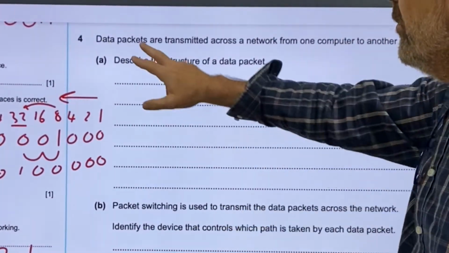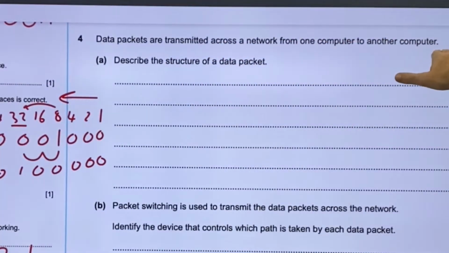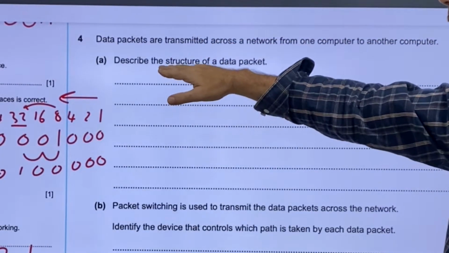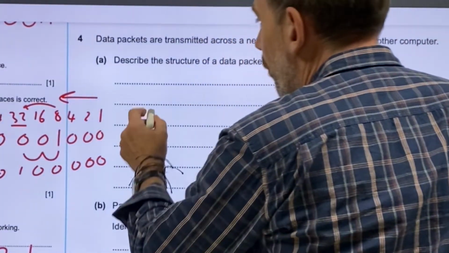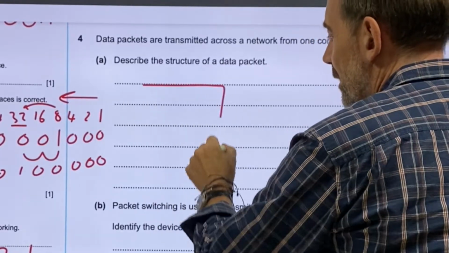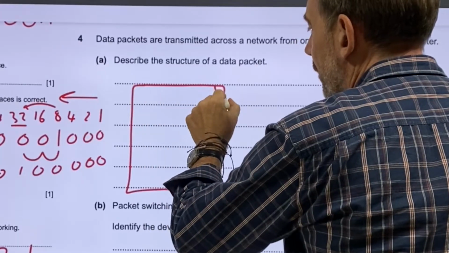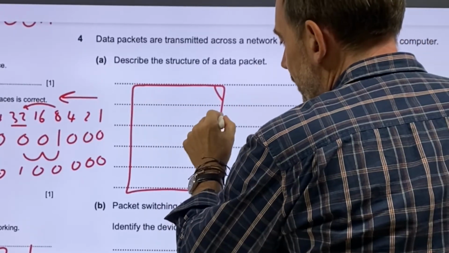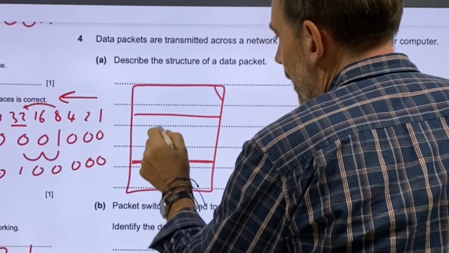Right. Data packets are transmitted across a network from one computer to another via nodes. Describe the structure of a data packet. Well, what I'm going to do is draw one, like a crisp packet. So here is my packet. Now it's split here and here into 3 parts.